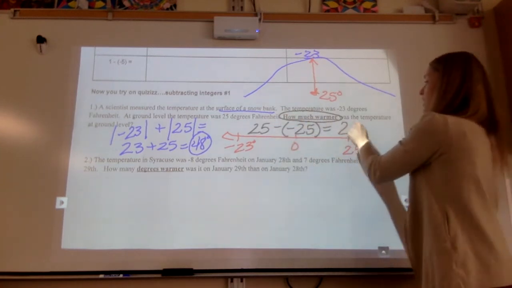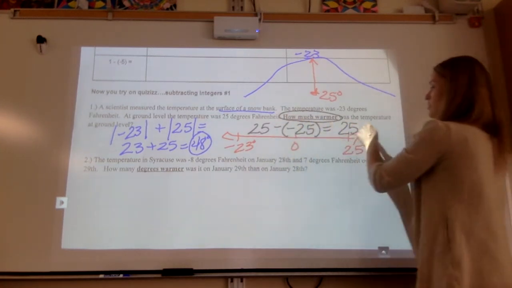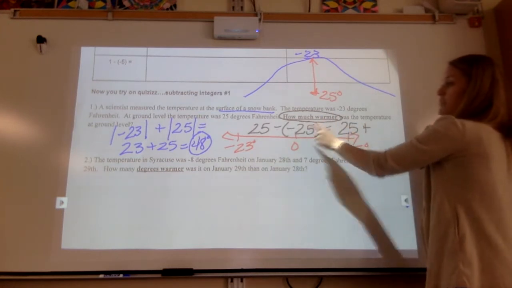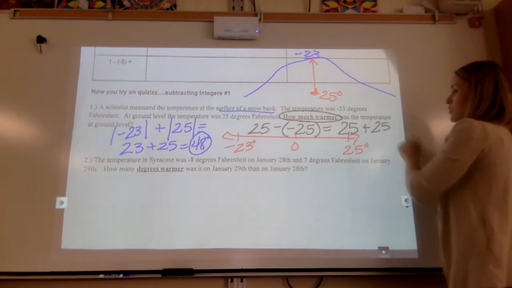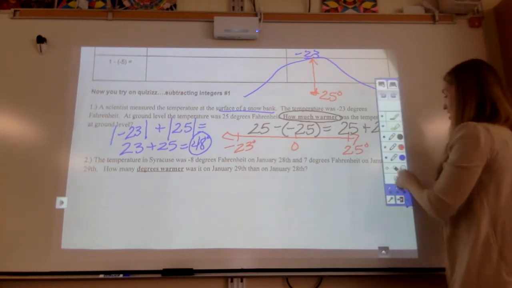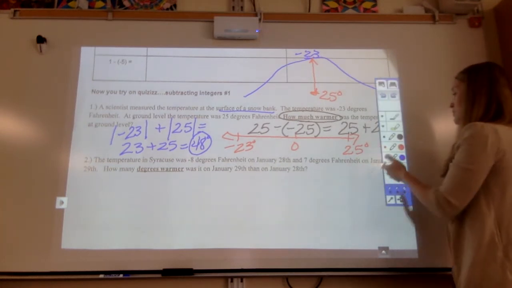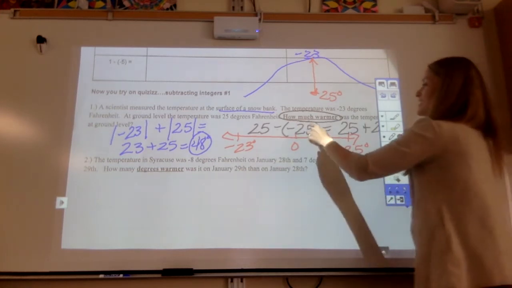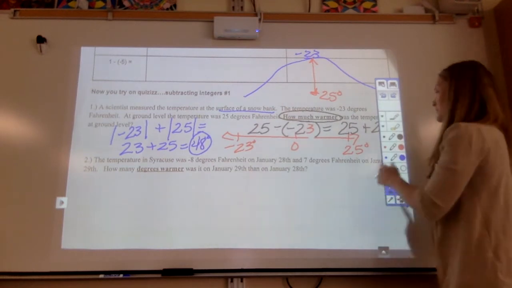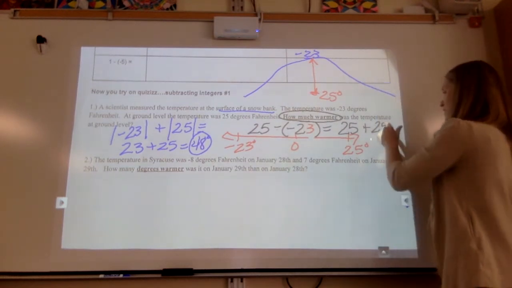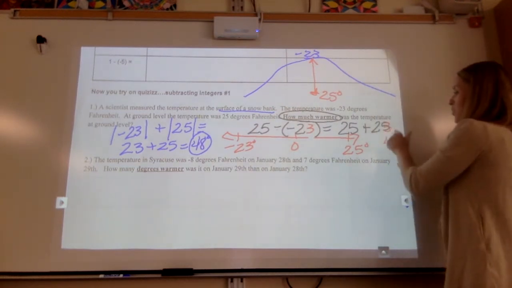So I'm going to keep my 25 there, change my subtraction to addition, and what's the opposite of negative 23? Positive 23. So 25, or well, if you were here, you could have corrected me, but you weren't here, and that's okay. This should be 23. See, even teachers make mistakes sometimes. 25 plus 23 gives me 48.